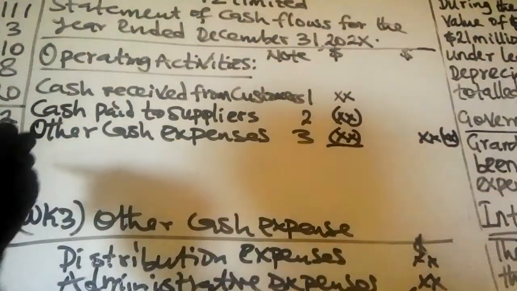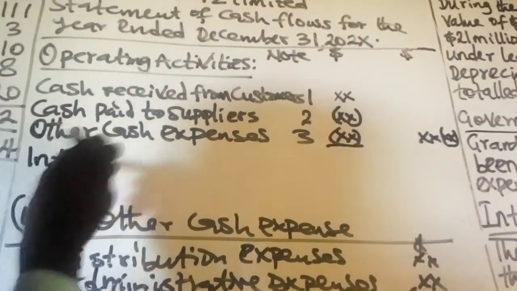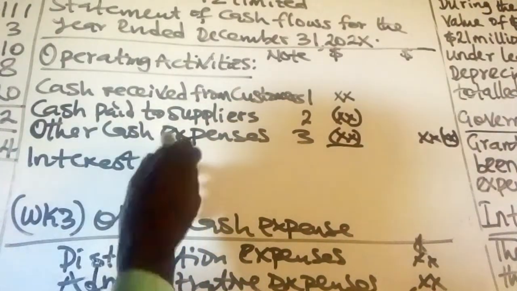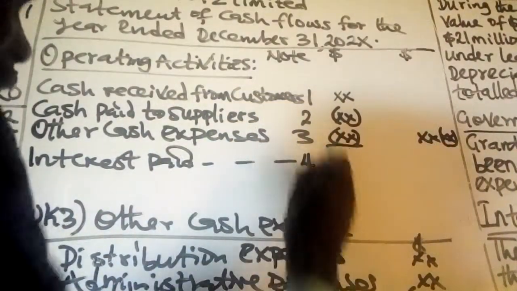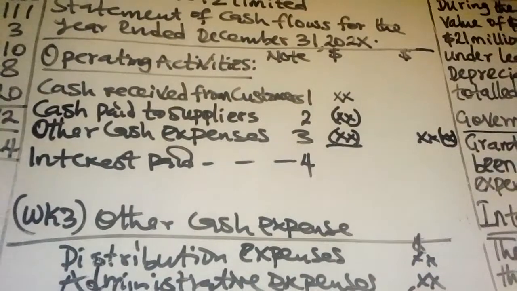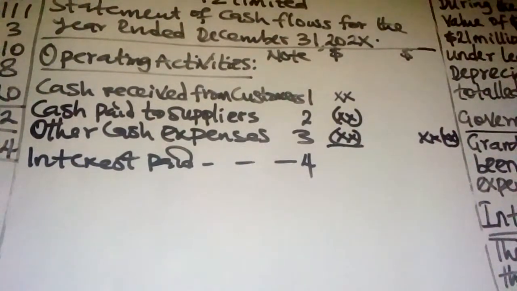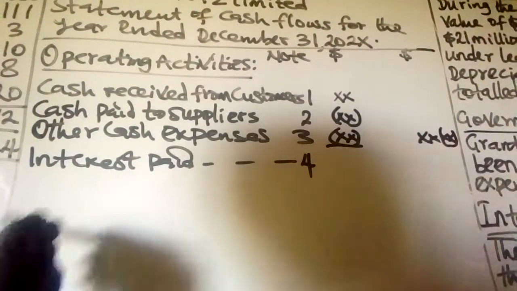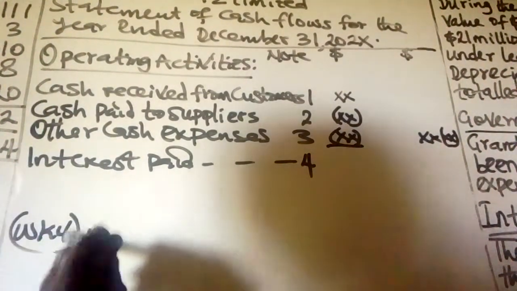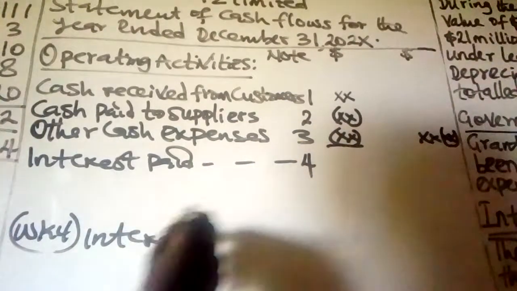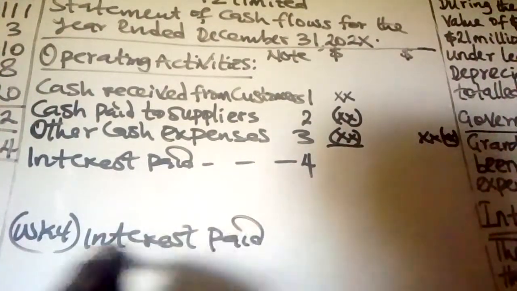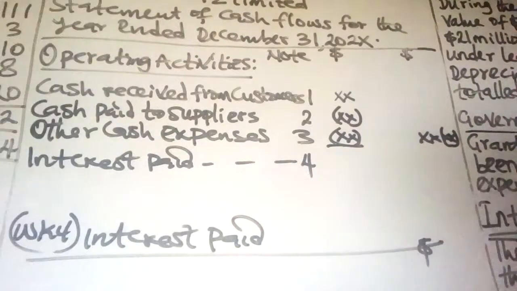Then the next thing is interest paid. That is note 4.